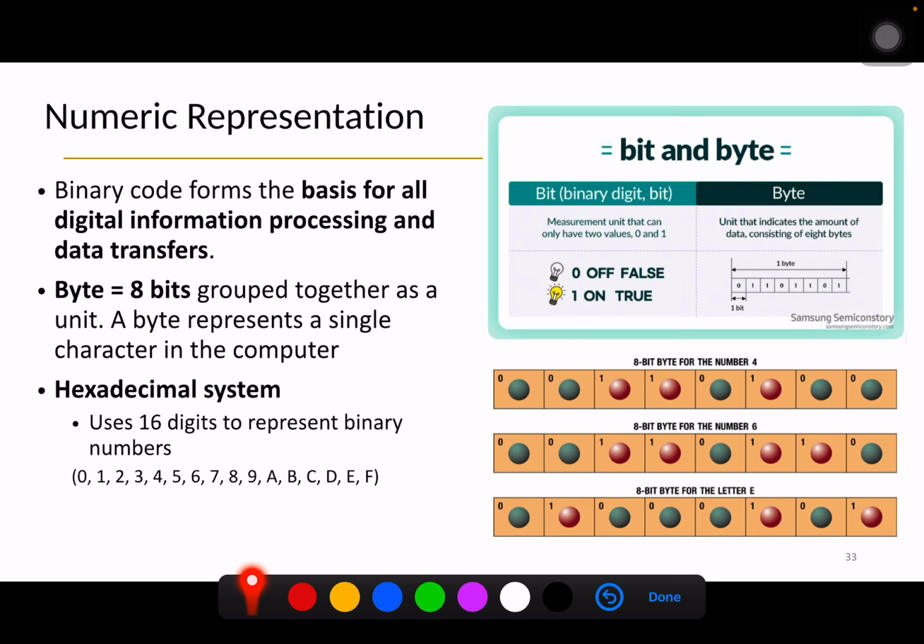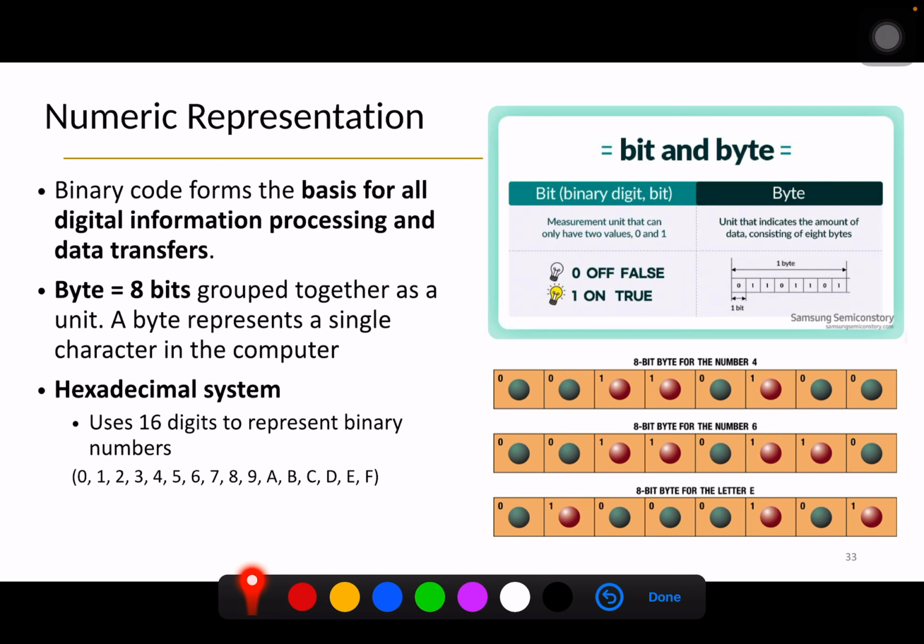So what is the relationship with the hexadecimal system? We use 16 digits to represent binary numbers. Another, more advanced version of data representation is 16 bits, or 2 bytes. 8 bits is the basic. Nowadays computers are not using 8 bits or 16 bits anymore.